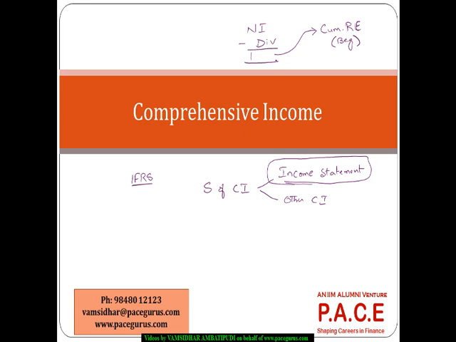So what we are able to see here is whatever the change in the net income that is coming up, it is impacting the difference here, and this difference is going and impacting the retained earnings on the balance sheet, which means the balance sheet is getting impacted because of the change in the net income.